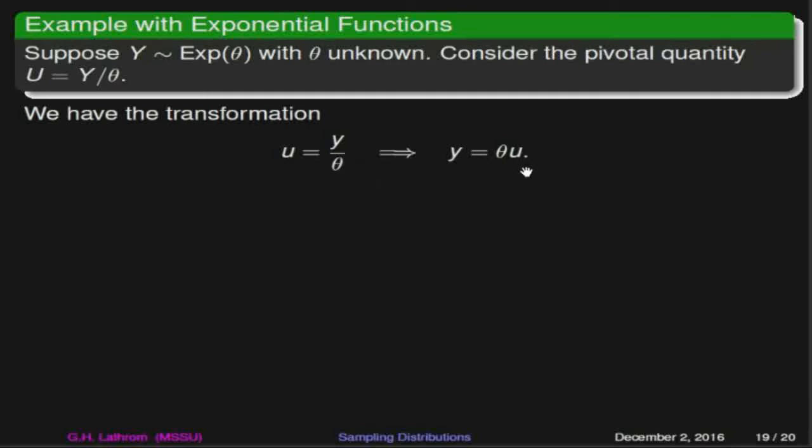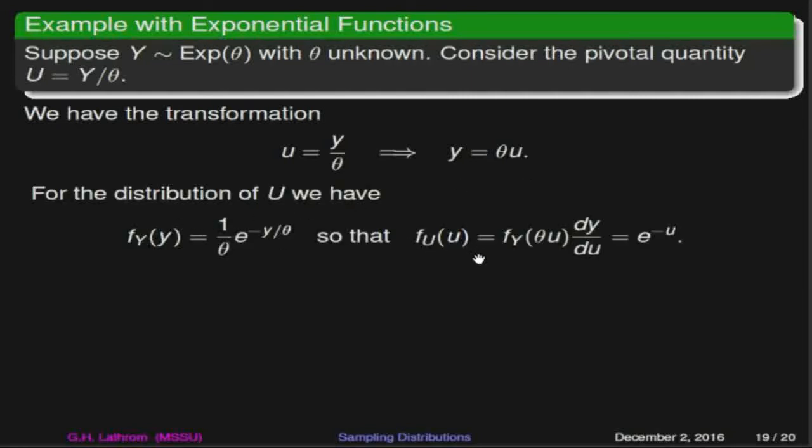So if we look at the transformation for u being y over theta, so that y is going to be theta times u, then for the distribution of u, we have f sub u is going to be f of theta times u times dy du.